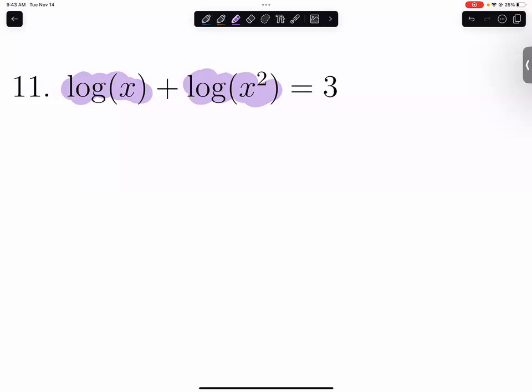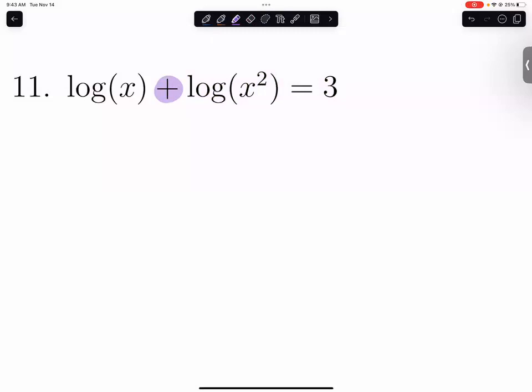So how else can we simplify, isolate, whatever, this to the point where I've got the log of something equal to a number so that I can rewrite it as an exponential? X squared, something like that. And I'll just highlight this plus sign in a suggestive sort of way.